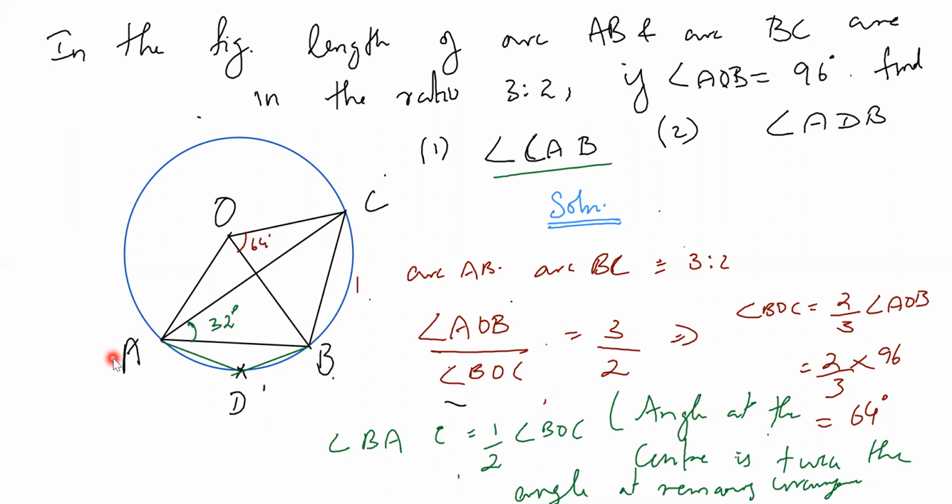If I take AOB here, that is equal to what? Twice angle ACB. So angle AOB is equal to twice angle ACB. Again, angle AOB is given as 96, so angle ACB is equal to 48 degrees.